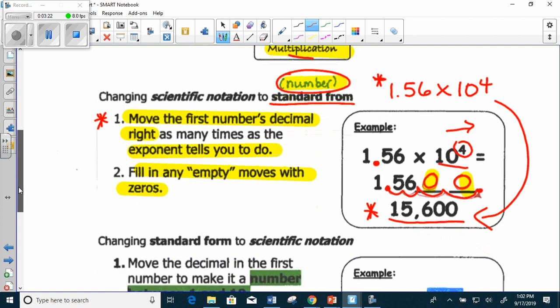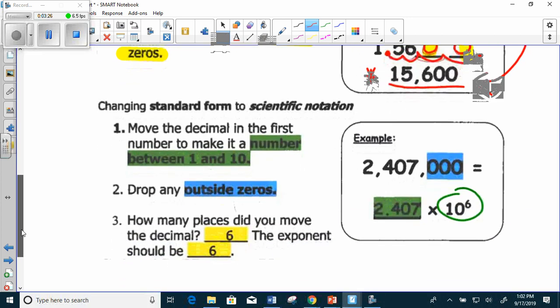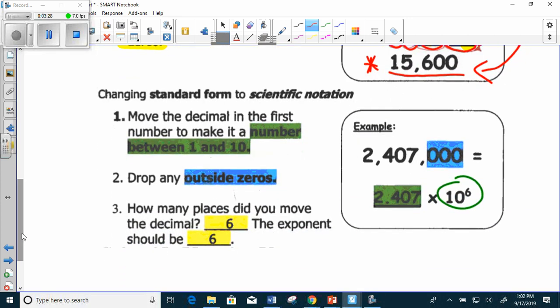Now, what if I want to change standard form to scientific notation? Again, standard form is the number. Scientific notation, we're using powers of 10. So in this case, here's my number. The question I always ask is, where is the decimal right now in that number?